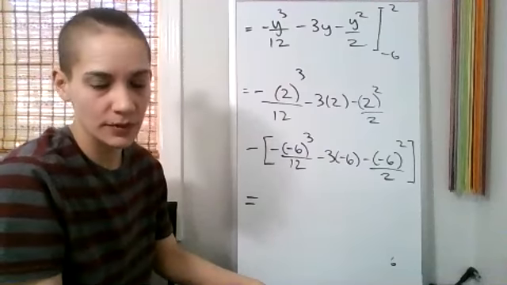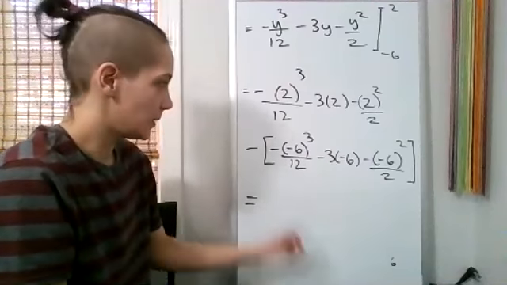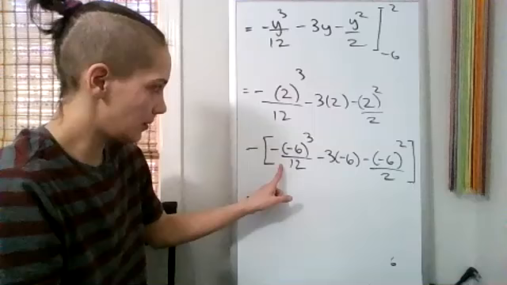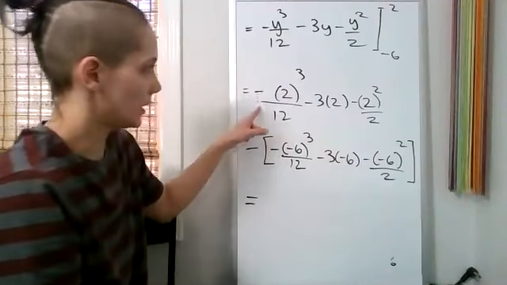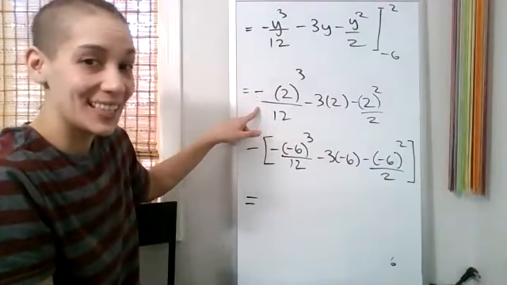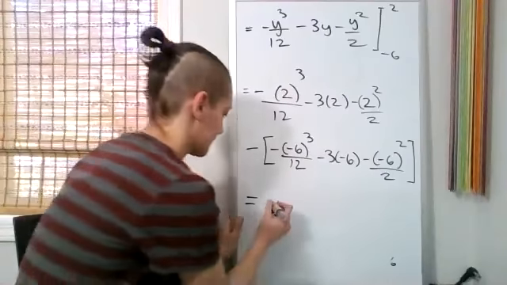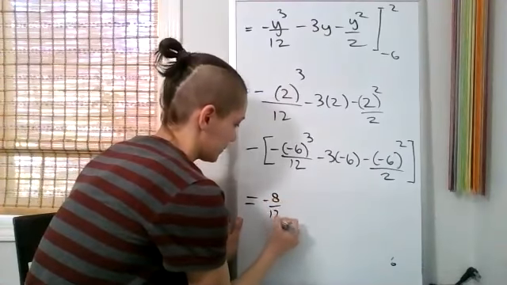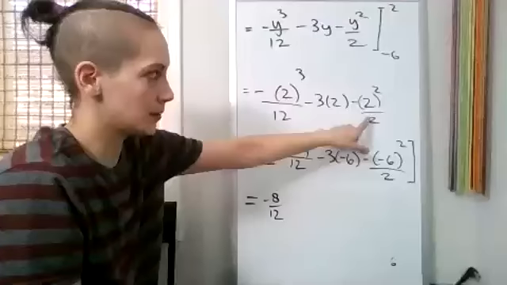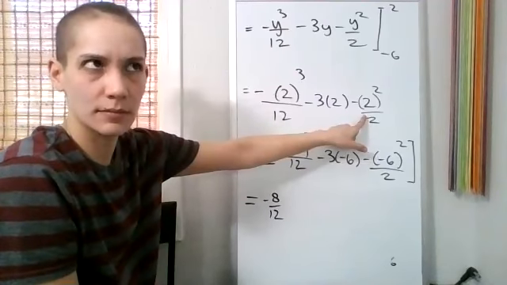We've got time. So this would be negative, oops, here, -8/12. Minus 6 minus, what's this, 2.